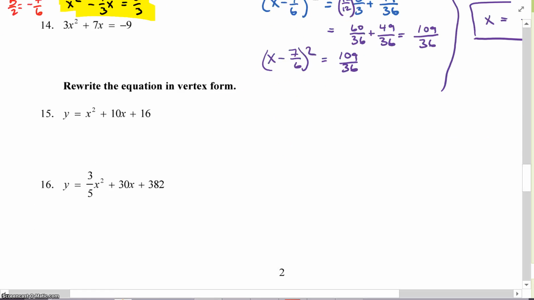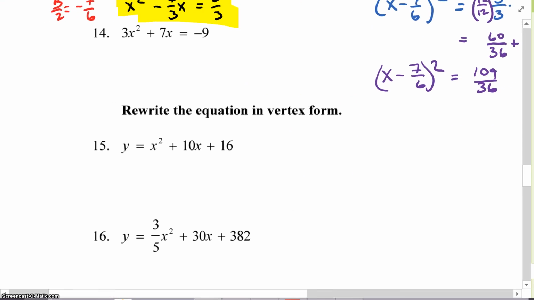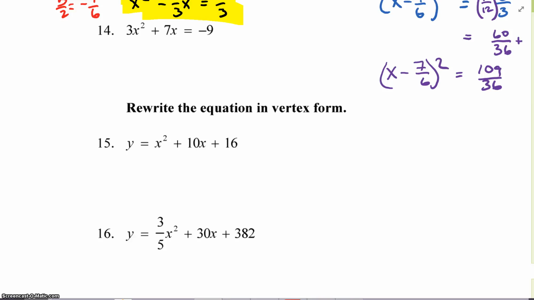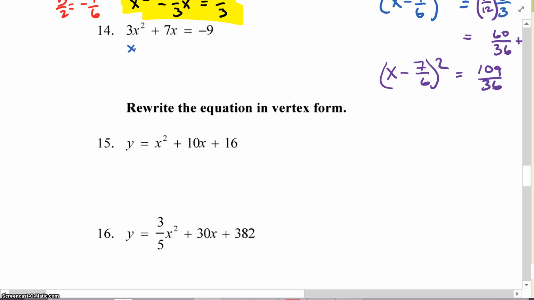Okay, moving on. Next question, number 14. 3x squared plus 7x minus 9 equals negative 9. Step 1, divide every term by 3. So I'm going to get x squared plus 7/3 x equals negative 3. Again, I divided everything by 3 to get my a term to be 1.